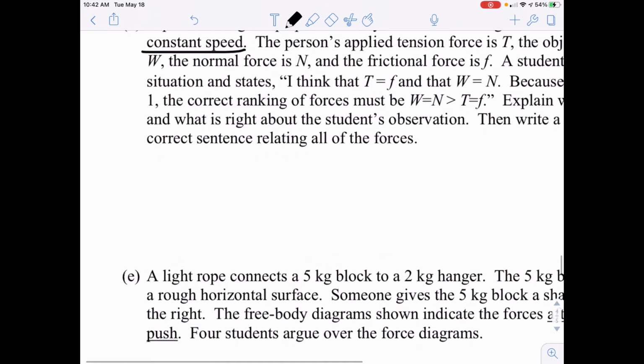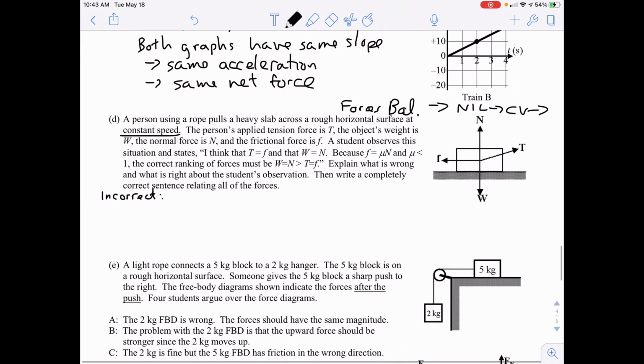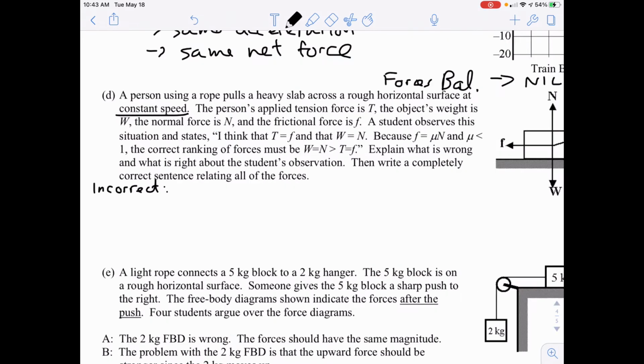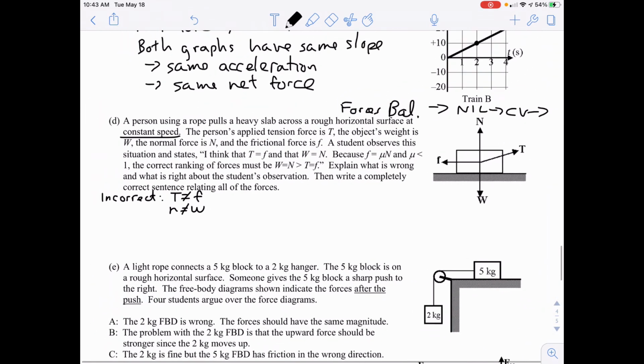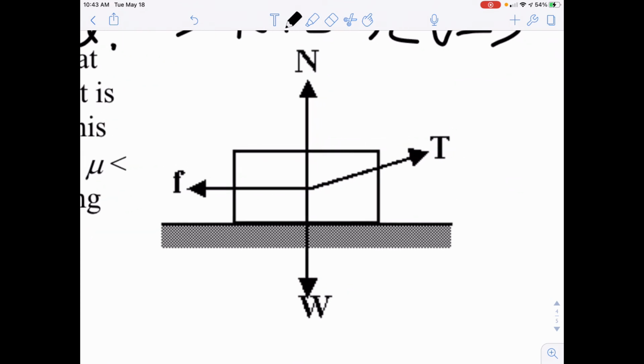Okay, let's start with what was incorrect. For one, what's incorrect about this is that tension does not equal friction and normal force does not equal weight. So we're going to start there. Let's go to the picture.